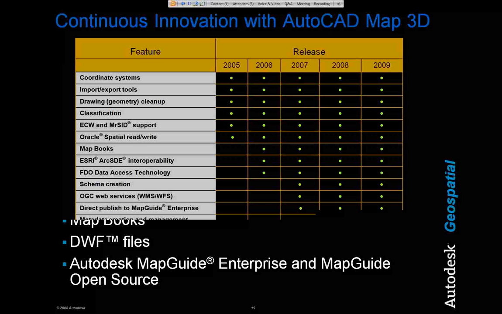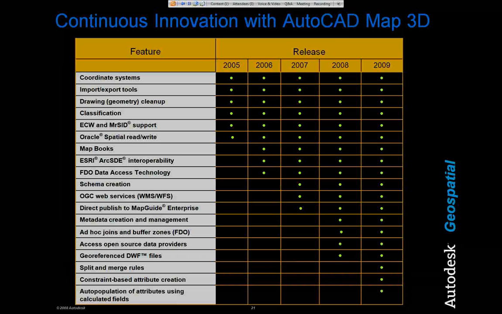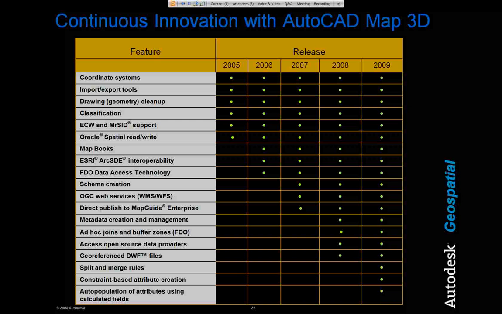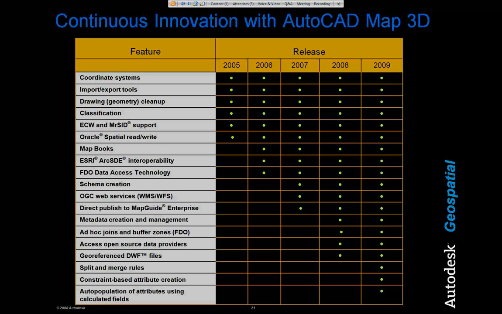Map 3D continues to evolve. So here's a quick snapshot of the releases dating back to the 2005 release. Some of the latest and greatest achievements in Map 3D 2009 you see there at the bottom of the list. The ability to split and merge and put together rules that allow you to split and merge geospatial data. Building in constraints into the attribute creation.